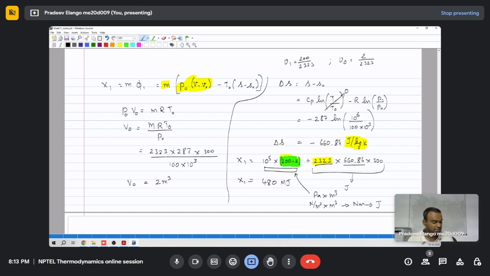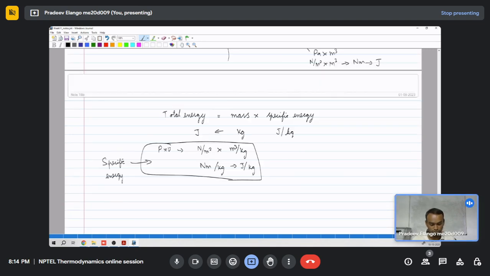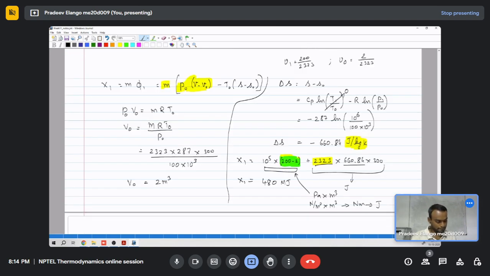It is in meter cube, not meter cube per kilogram. Okay, sir. Sorry if I am confused. Okay, any other questions related to the problem? No, sir. The problem is clear, sir.